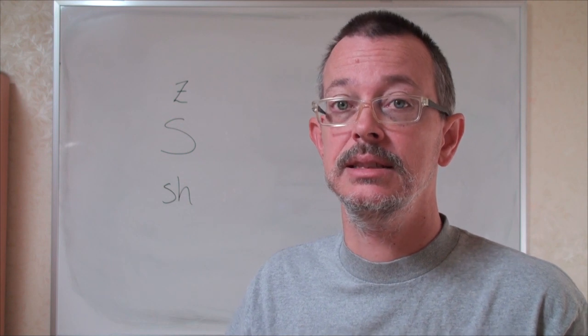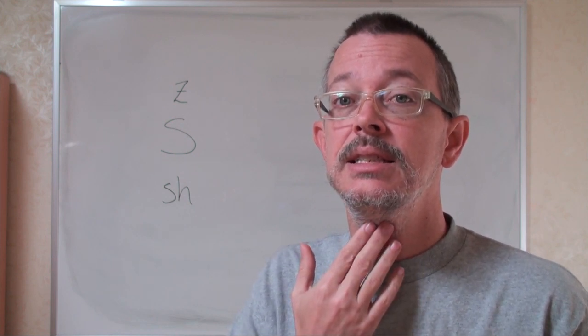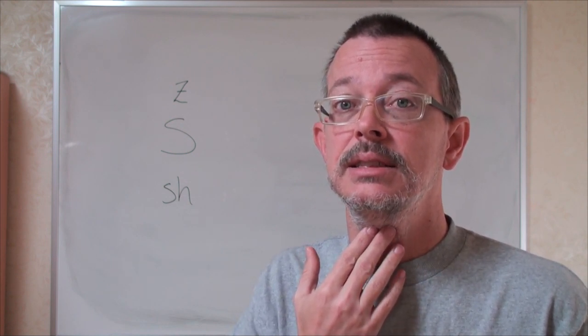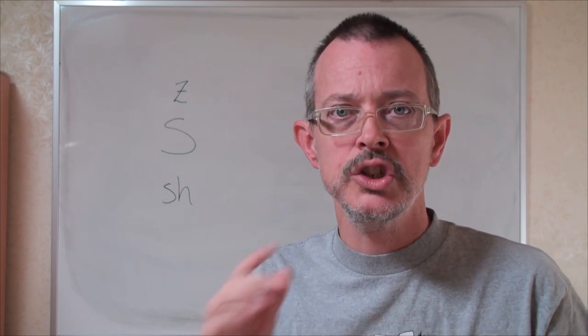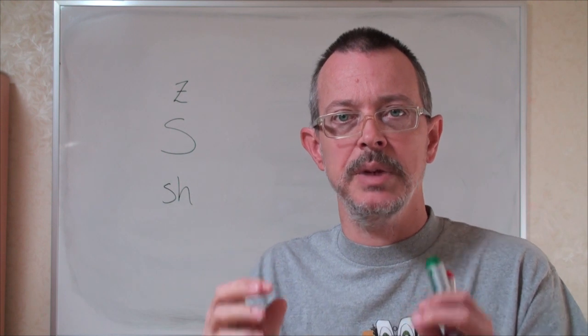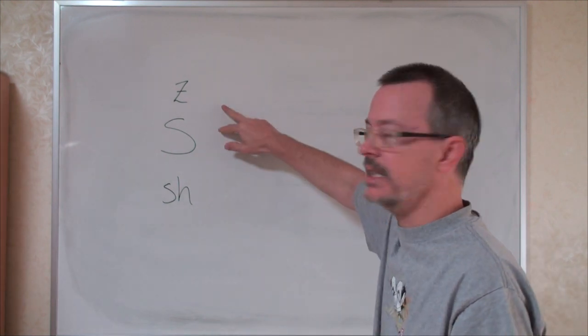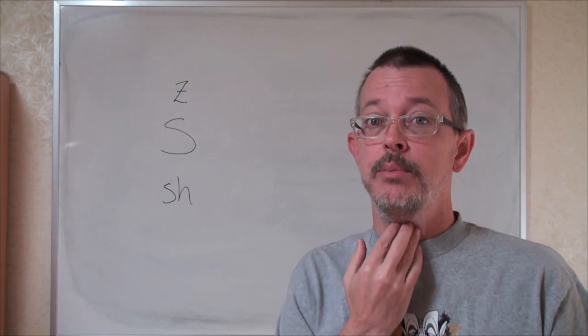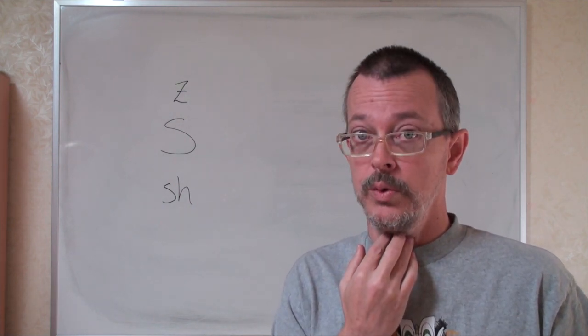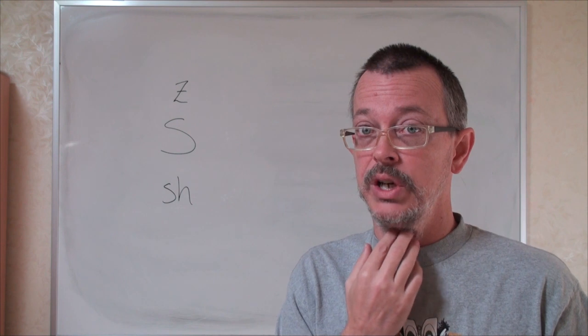S, Z, S, Z. Very different, and that's the big difference. So the tongue placement for the S and the Z are the same. The difference is the vibration of the throat. Okay, you can feel lots of vibration.